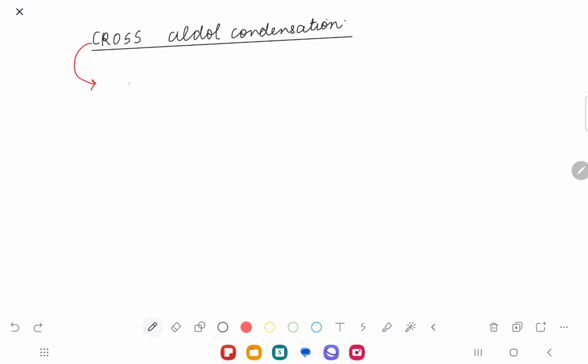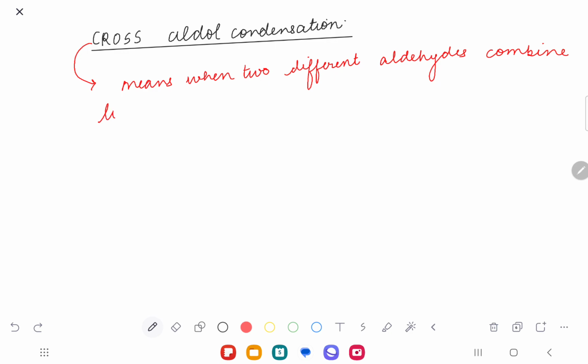Cross aldol condensation basically means that when two different aldehydes combine to form the final aldol product, that is going to be my cross aldol condensation.